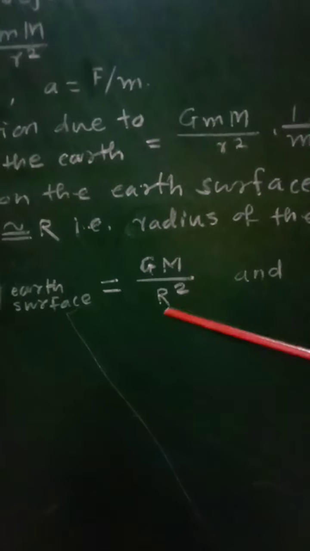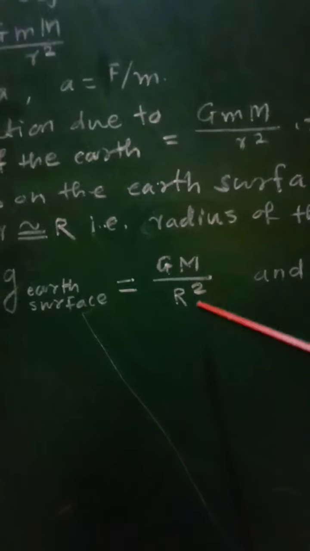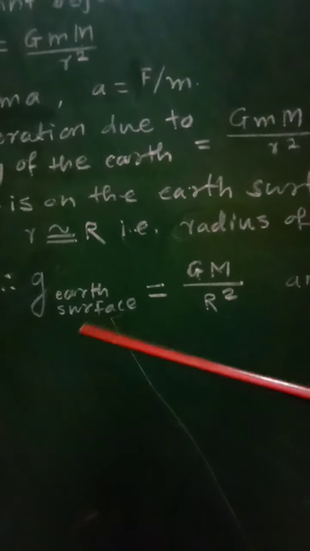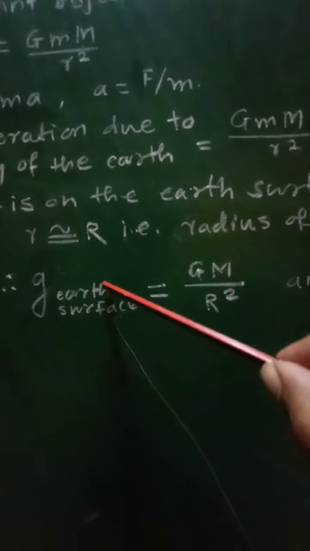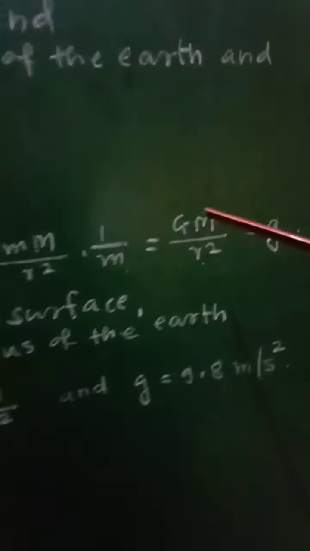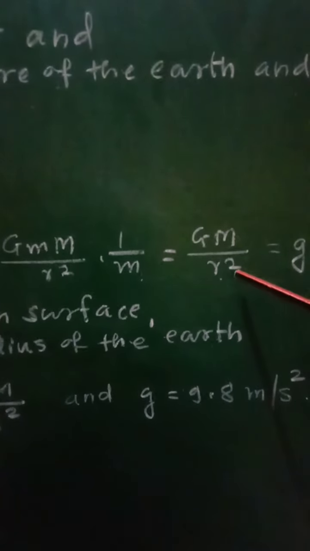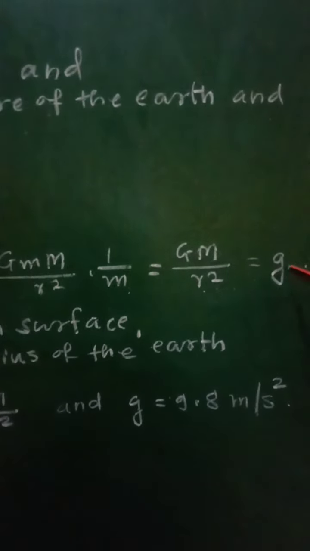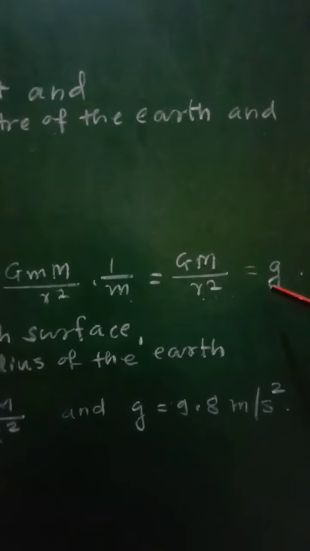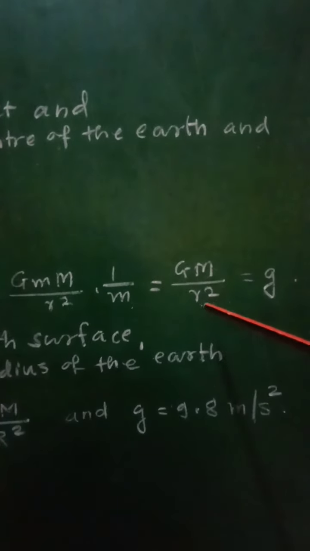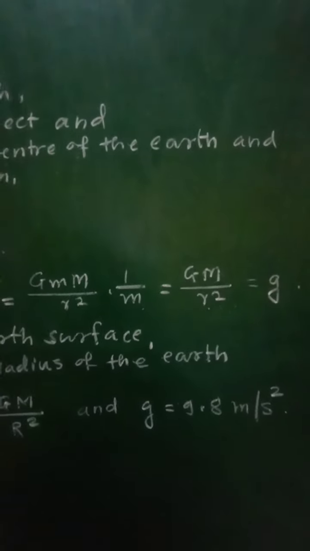So this formula, g is equal to GM by R square, will represent the acceleration due to gravity on the Earth's surface, and the formula GM by r square also gives the acceleration due to gravity, but at any distance r from the center of the Earth.